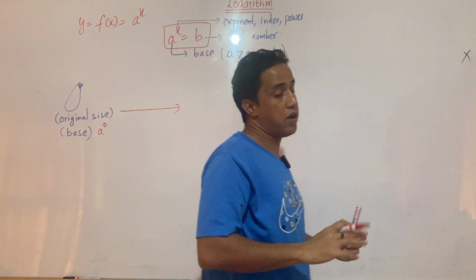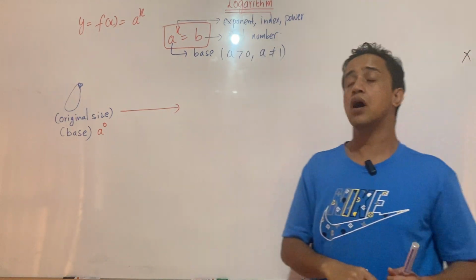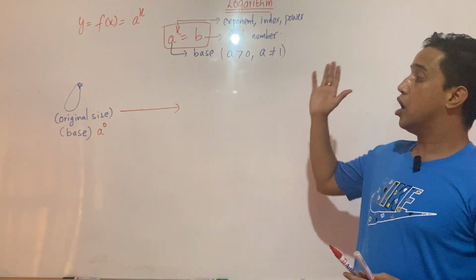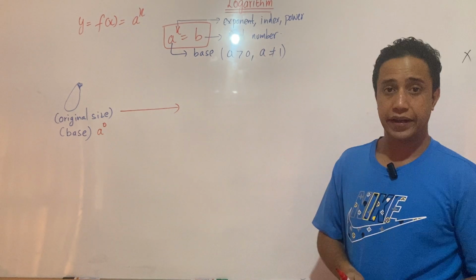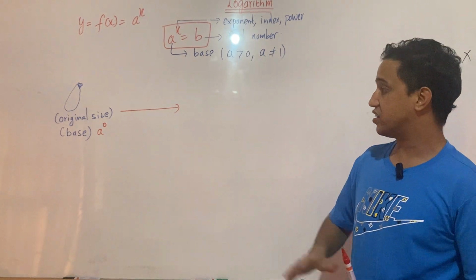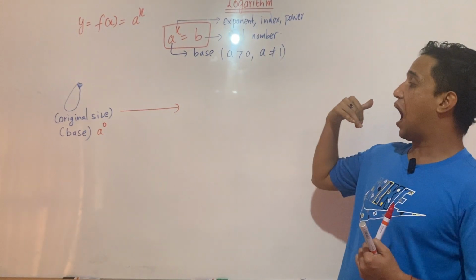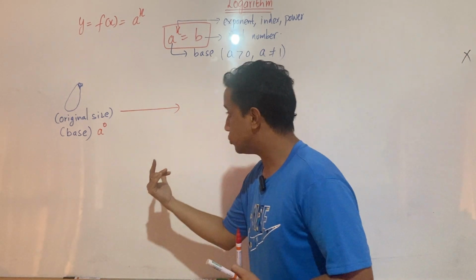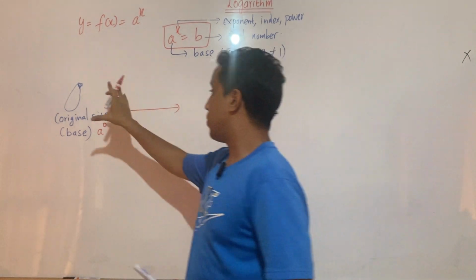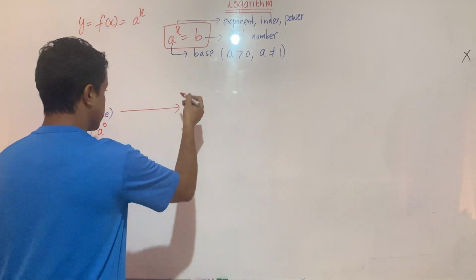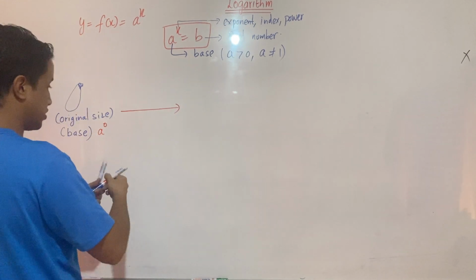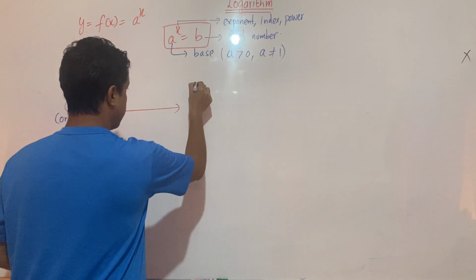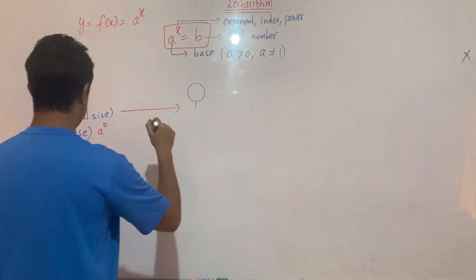So after some time, or as the time passes, I decided to blow some air in it, right? And when I blow the air in it, the size becomes this.